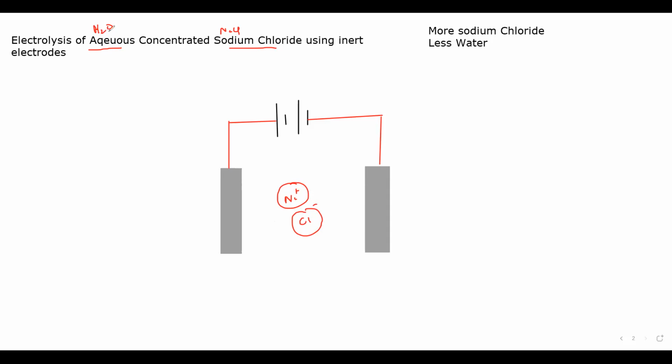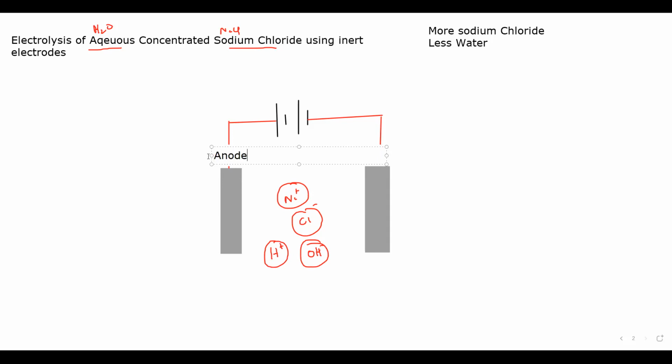And water dissociates into an H plus ion and an OH minus ion. This is the breakdown of water. So these are the ions present in the solution of aqueous concentrated sodium chloride.